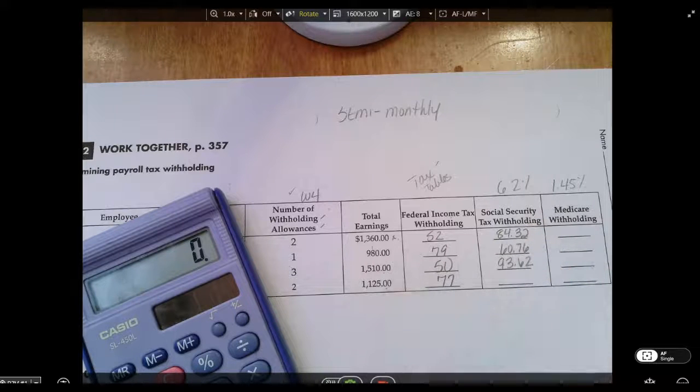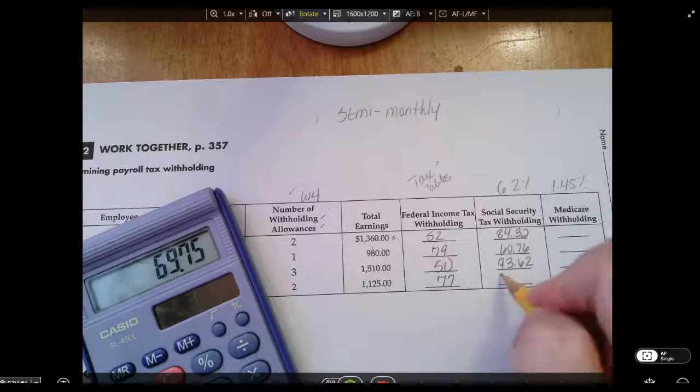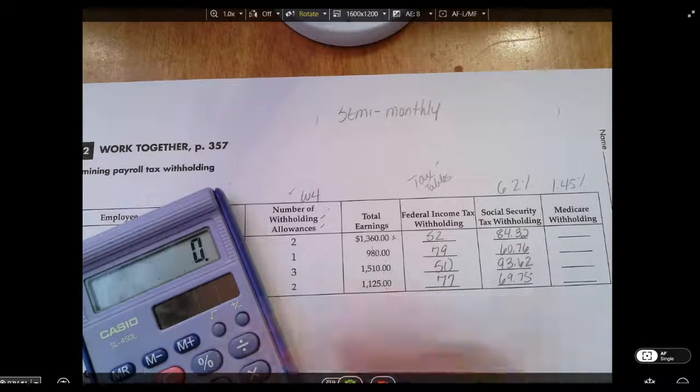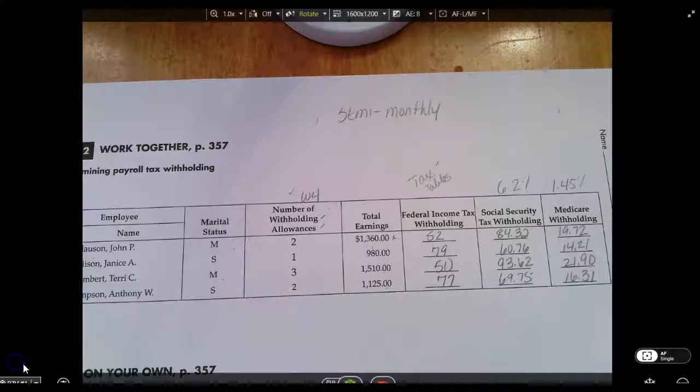Then you do the column for their Medicare. I'm going to go ahead and do the column for the Medicare. I want you to pause the video and do the Medicare on your own and check to see if it matches. Okay, so this is exactly what your figure should be: the 14.21, the 21.90, and the 16.31.